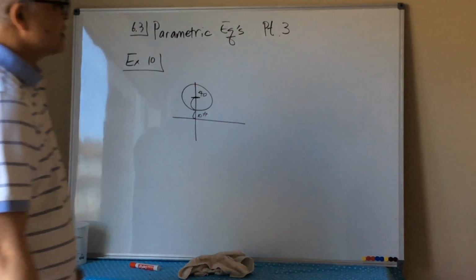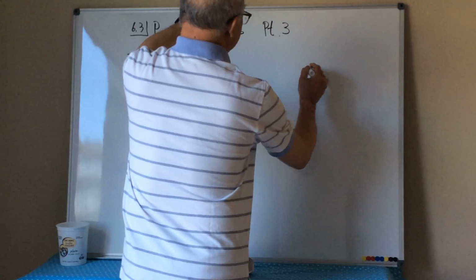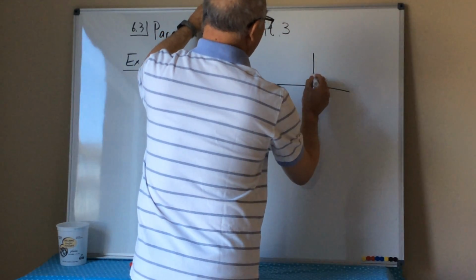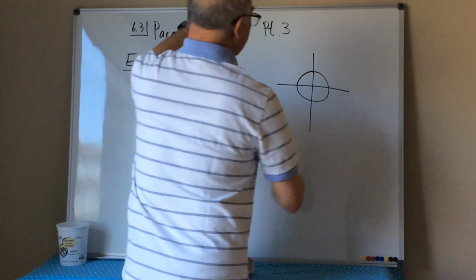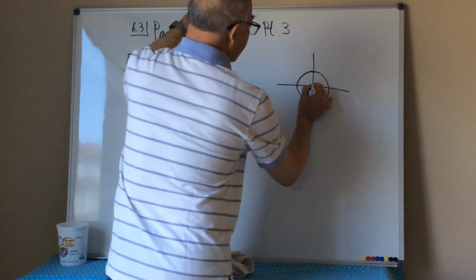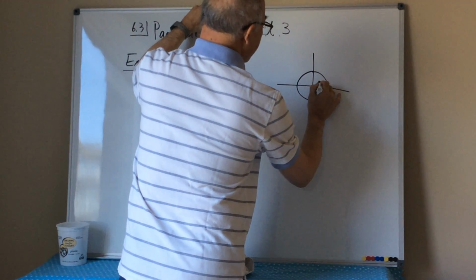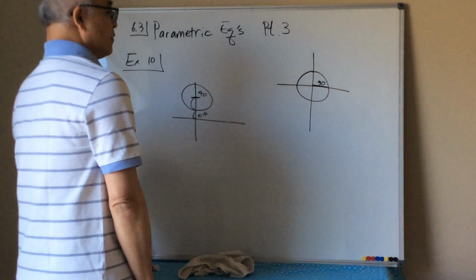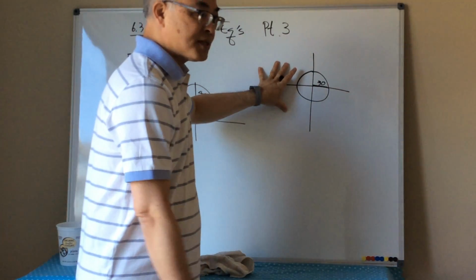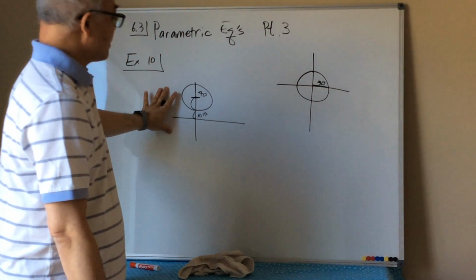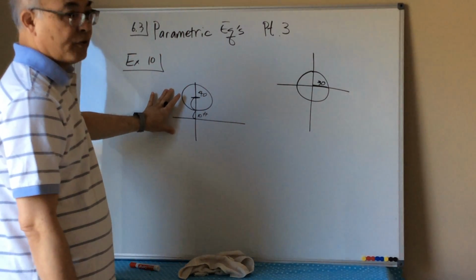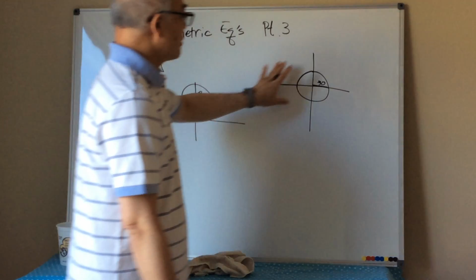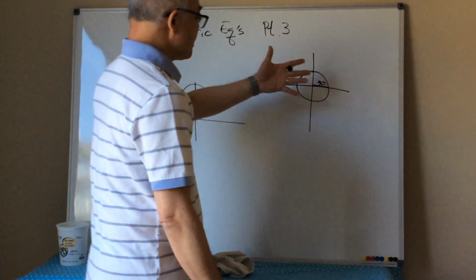The way to view this is to think of a circle with a radius of 30, and I just raised that up 40. So finding the parametric equation is nothing more than adding 40 to the y direction. The parametric equation is pretty simple.